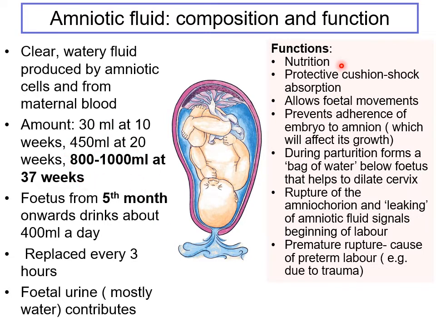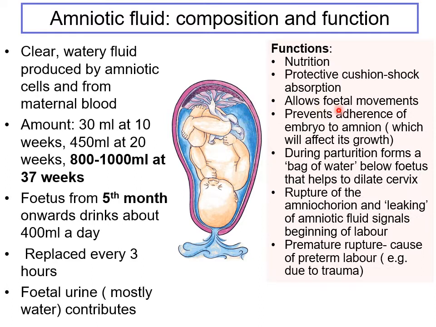Now why is this so important? Because it contributes to nutrition. There are nutritive substances which the baby can get when drinking. Then, very important, it's a big shock absorber and a protective cushion. Imagine any bump or shock hit to the uterus, but the fluid is a great shock absorber, just like our brain is surrounded by the cerebrospinal fluid, which is very protective.